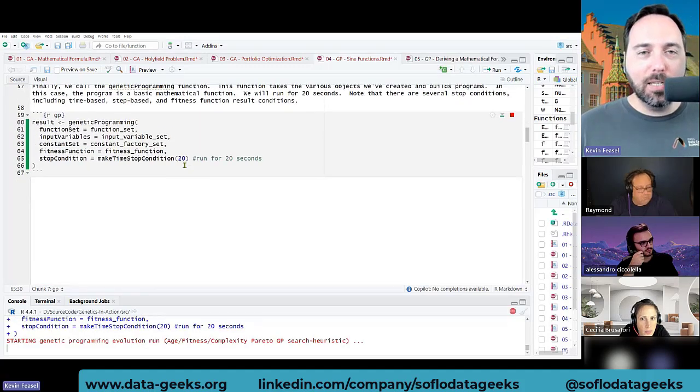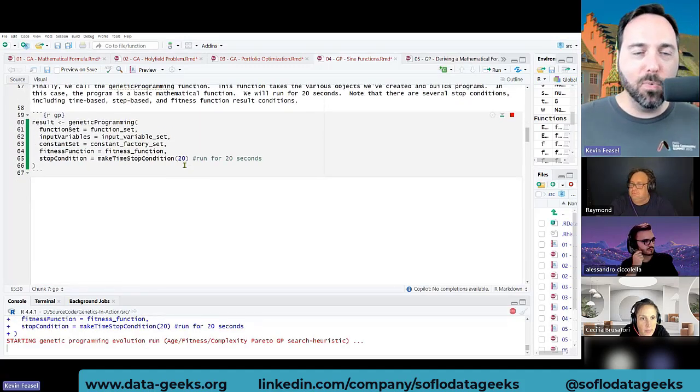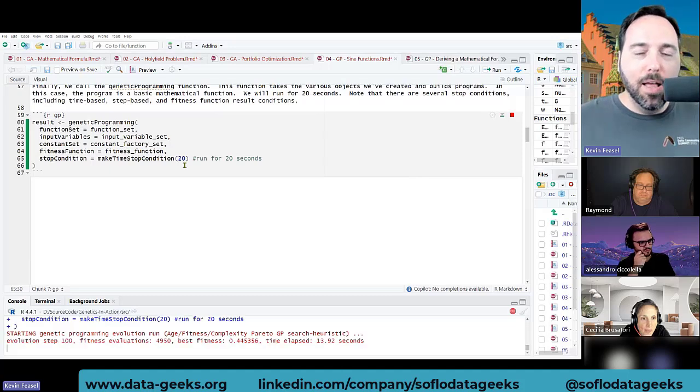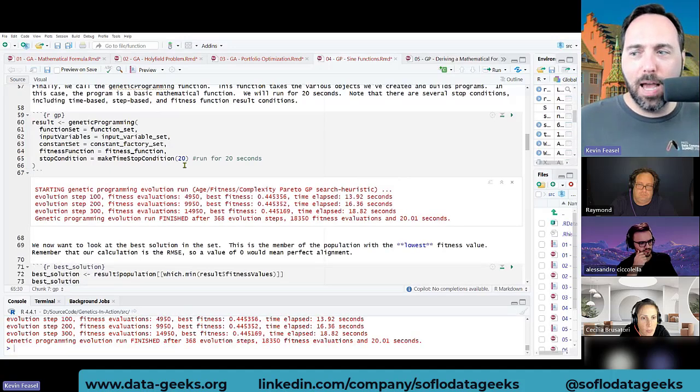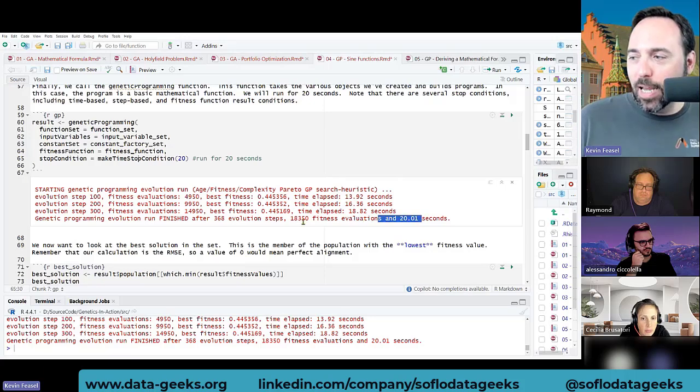So that means I'm going to need to vamp for about 20 seconds while this is running. What it's doing is creating a series of generations of programs, essentially. Now, my program in this case is just a mathematical function. It's x plus x, or x times the quantity of x minus x. And it took me about 20 seconds.